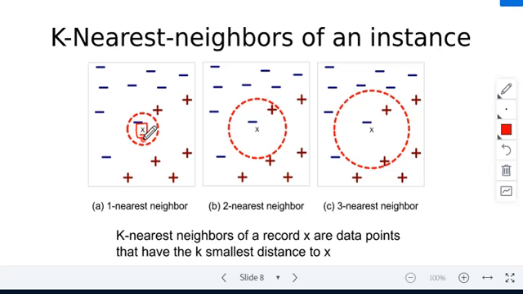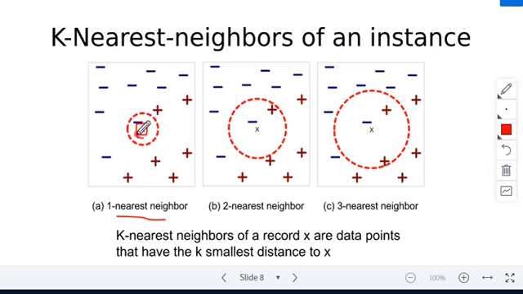We may take one nearest neighbor. One nearest neighbor means we calculate the distance to the neighbor which is very close to it, only one neighbor, and we say it belongs to that class label only.